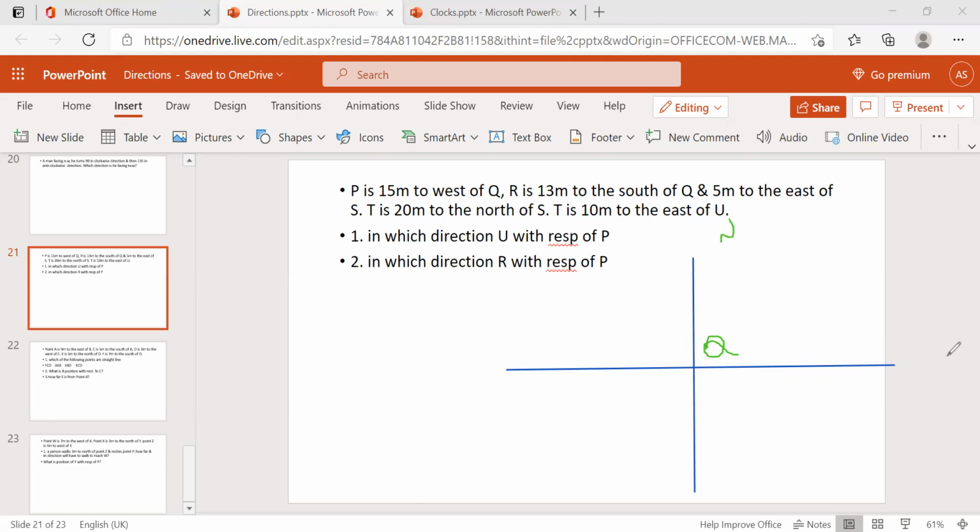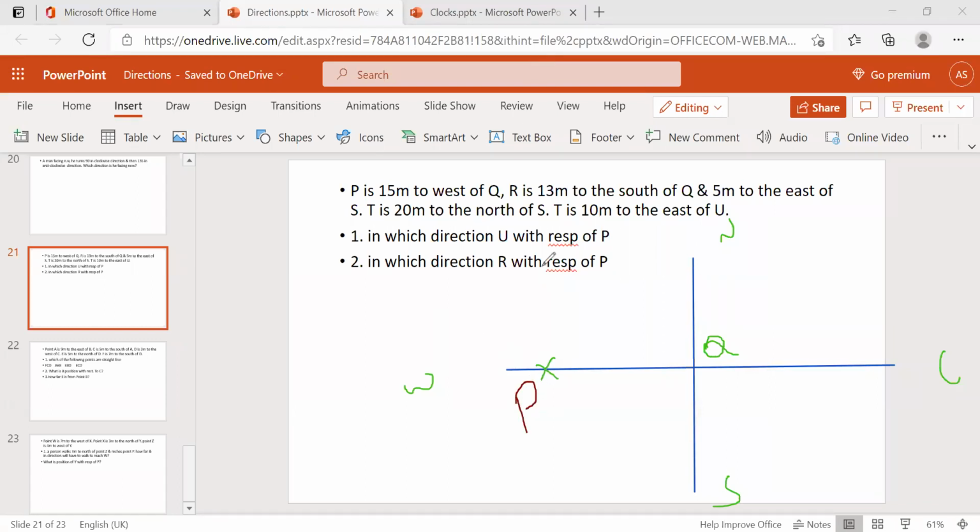This is north, this is east, south, and west. So which is the west? Here, right? So P is 15 meters away. Suppose here is P. This point is P now.